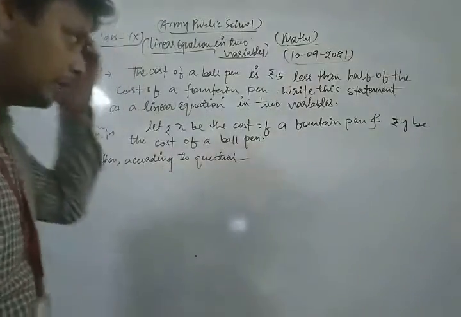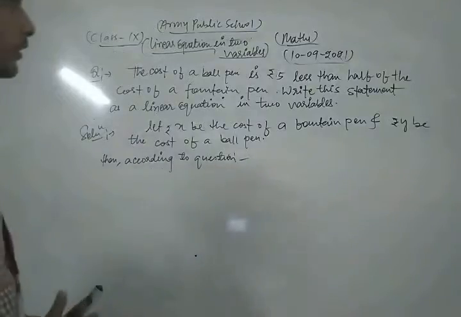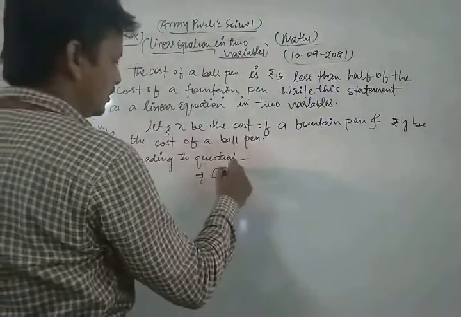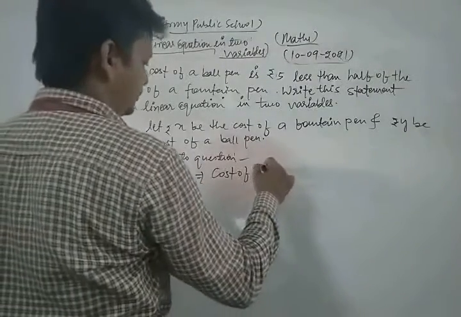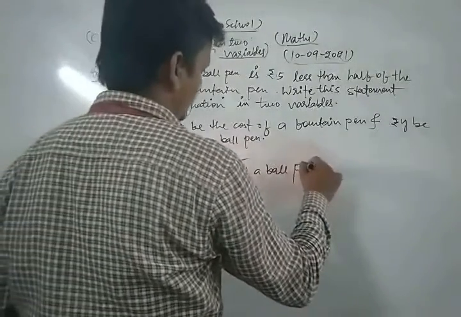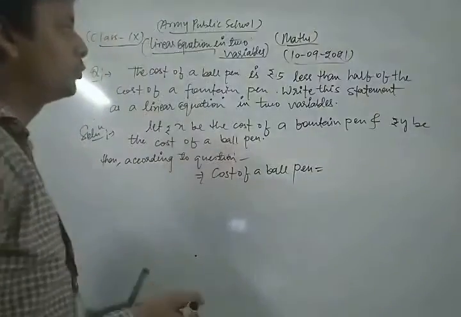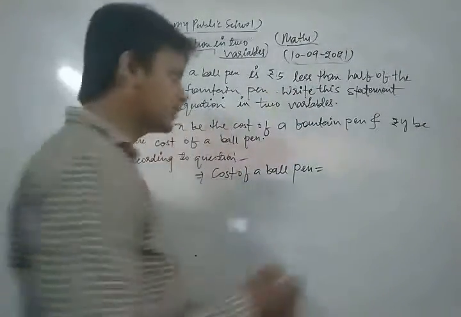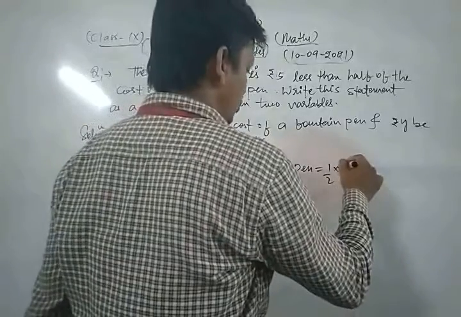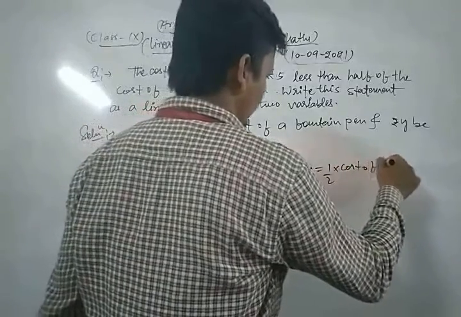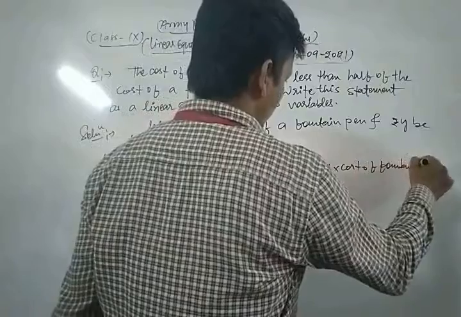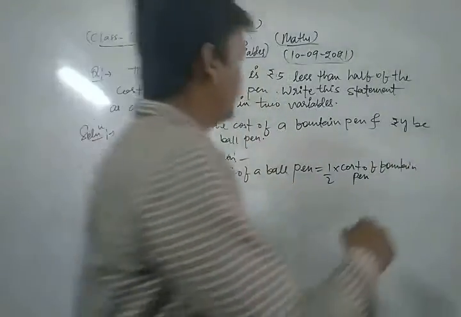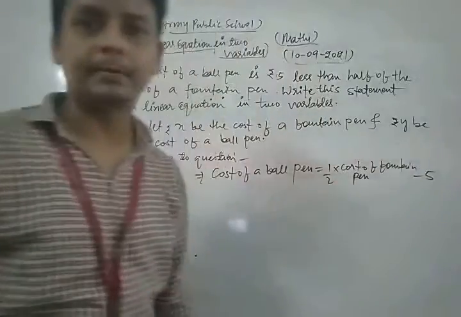According to the question, the cost of a ball pen is equal to ₹5 less than half of the cost of a fountain pen. Half of the cost of a fountain pen, minus 5 means 5 less.